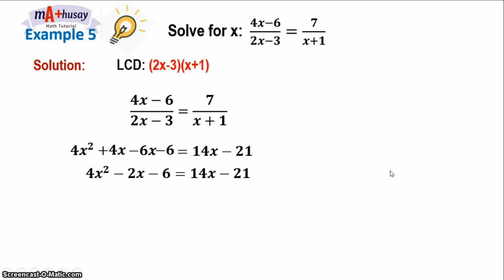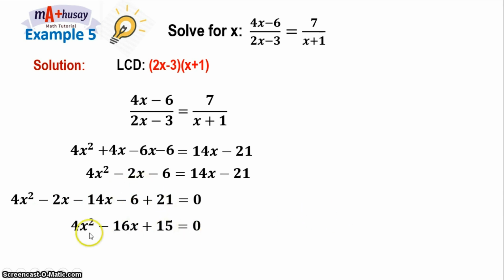So we have 4x squared minus 2x minus 14x minus 6 plus 21 equals 0. So again, magko-combine tayo ng like terms. Ang negative 2x at negative 14x ay pwedeng i-combine. Ang negative 6 plus 21 pwede rin nating i-simplify. So we have 4x squared minus 16x plus 15 equals 0.